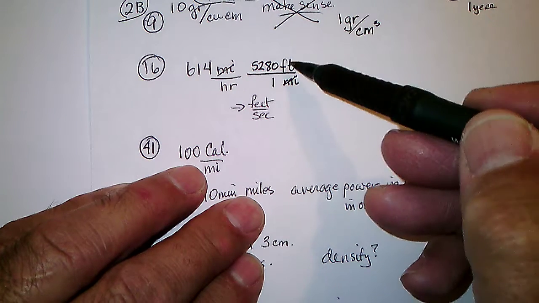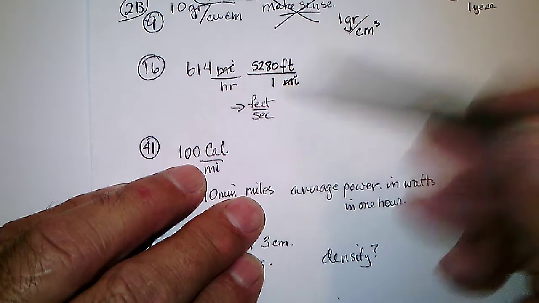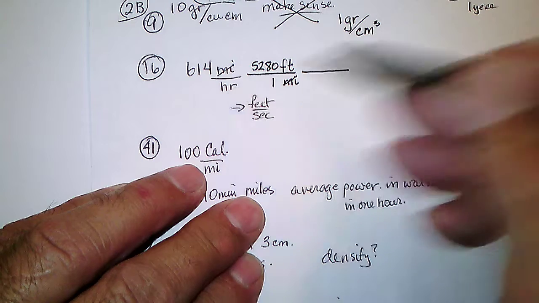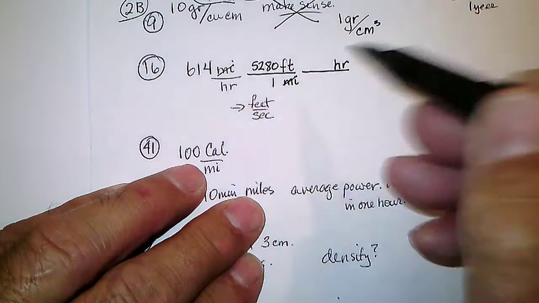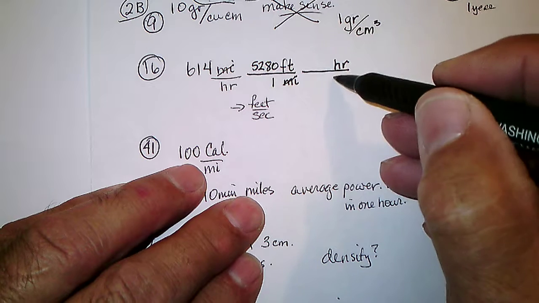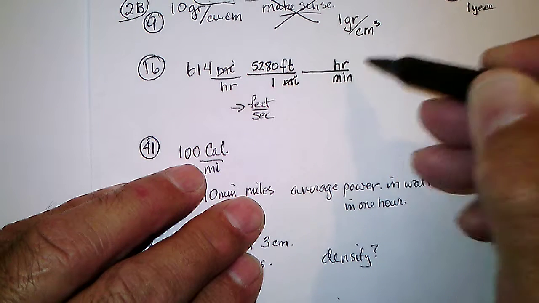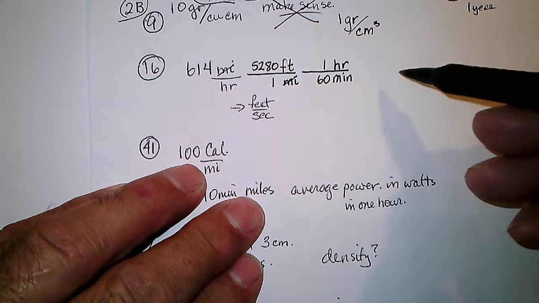Now our units would be feet per hour, and we need the feet per second. So we need hours to disappear, so we'll put hours in the numerator since this one's in the denominator, so they will cancel. And I'm going to do it in 2 steps. I'm going to go to minutes, and 1 hour is 60 minutes.